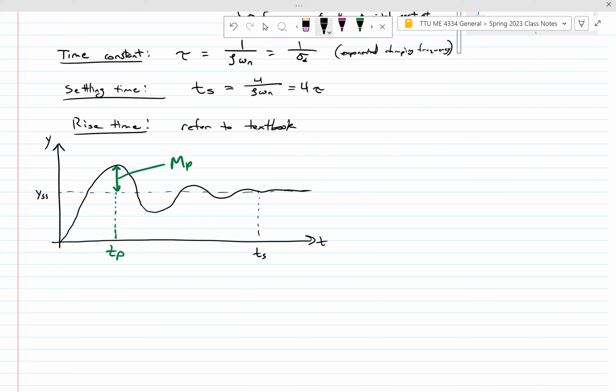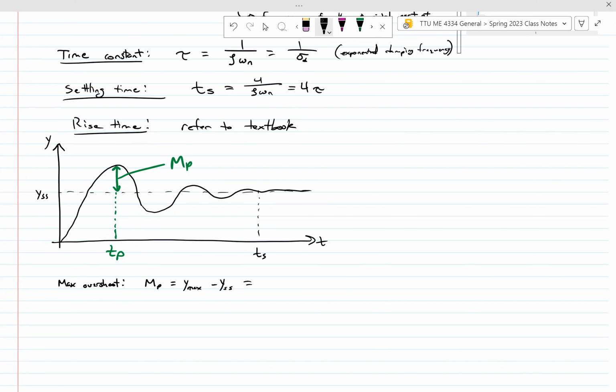All right, so max overshoot. I'm not going to go through the proof of it, but MP will be equal to the max value of Y minus the value of Y at its steady state, right?